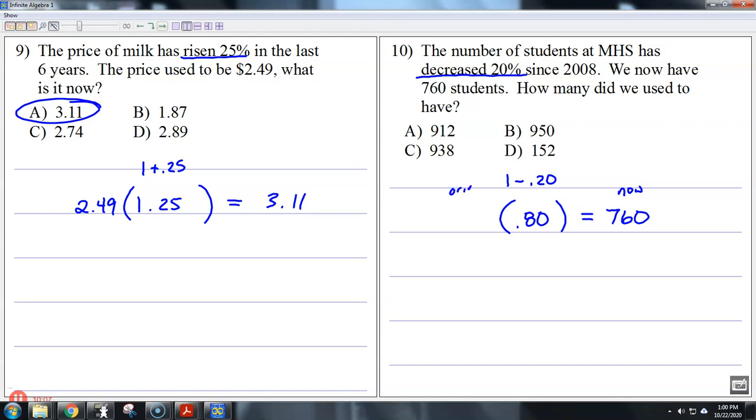So the original number, the old number was, I don't know. So we got a division problem. Divide by 0.80. 760 divided by 0.8 is 950. So we used to have 950. I think we actually had about 1060 or something at one point in time, way back in the day.